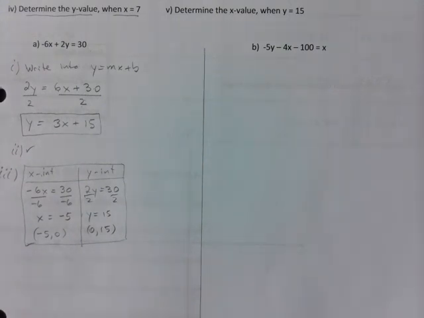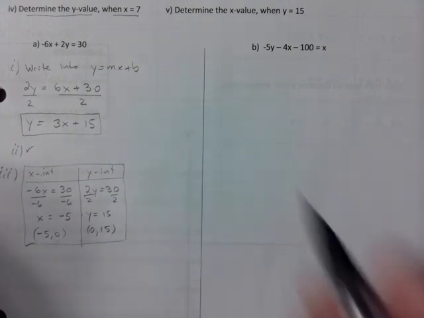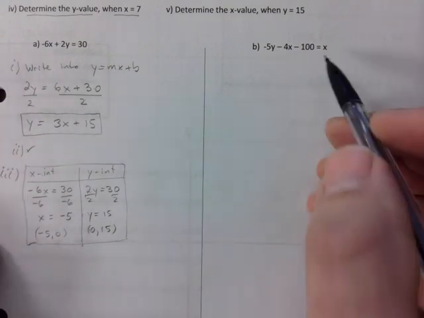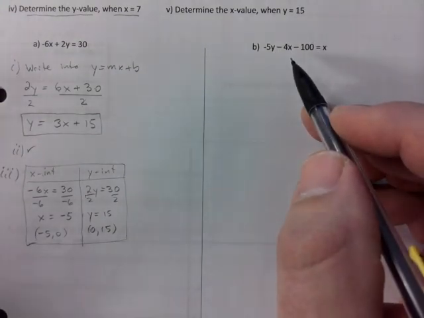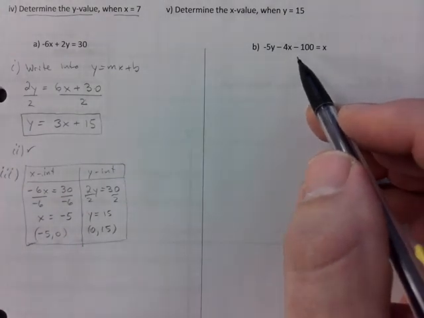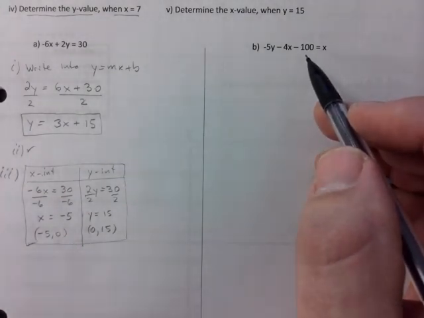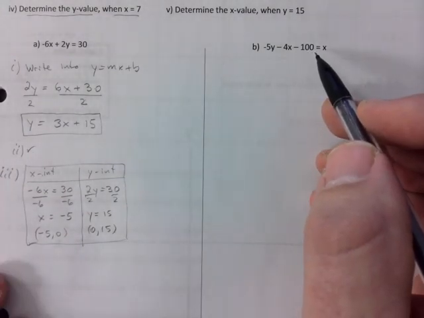All right. Compare and contrast. Contrast and compare. Let's see. I personally, this is workable, but remember my preference is have all the variables on one side and have the actual number on one side.